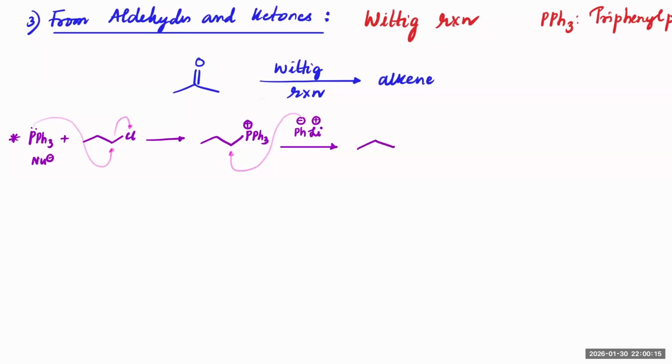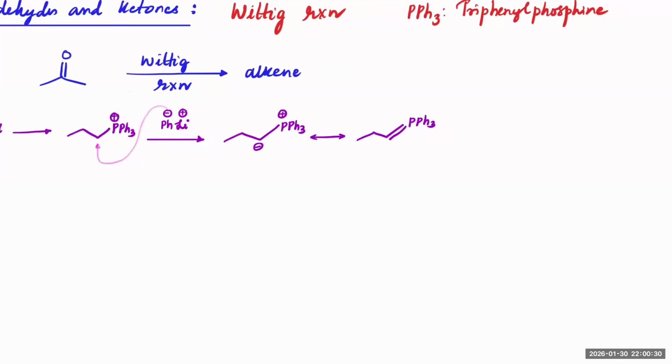Because of which you will get a minus charge here and PPh3 with a plus charge here, which can be written in a resonating structure as a double bond with PPh3 this way. This is called a phosphorane, or ylide.